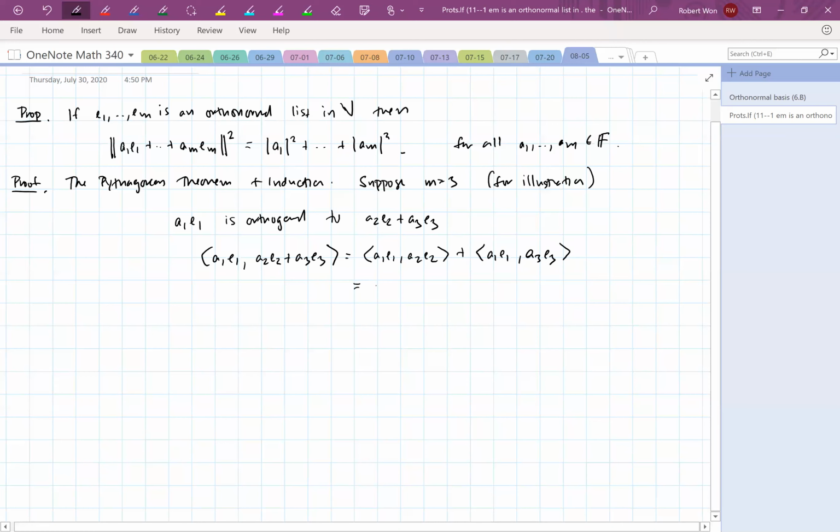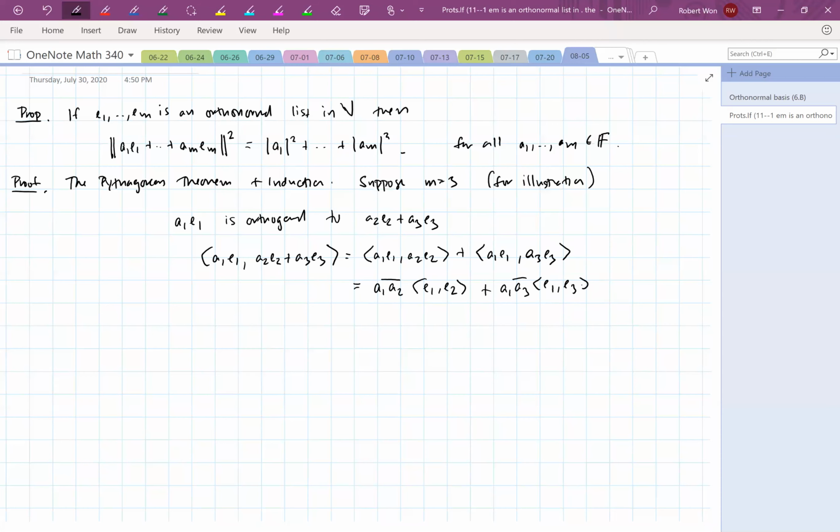Let's just do the whole thing because inner products are new. But now, I'm currently assuming that the E1 through EM is an orthonormal list, which means that these two inner products that I've written down here are 0. So this is just 0.